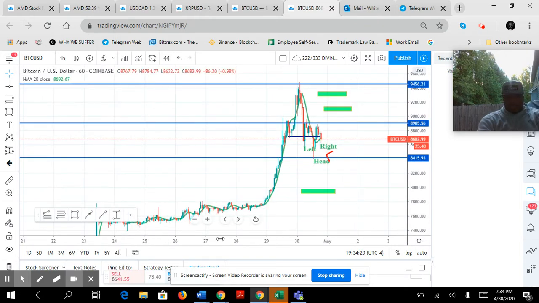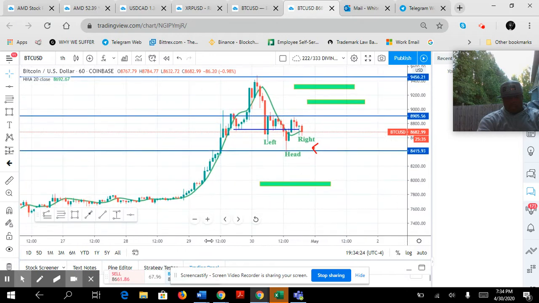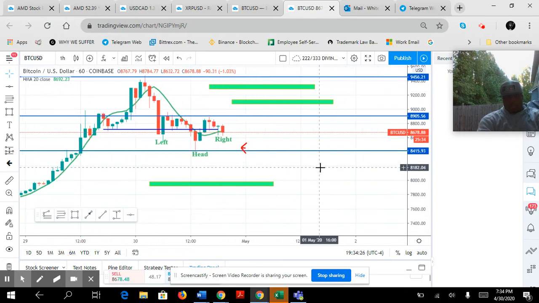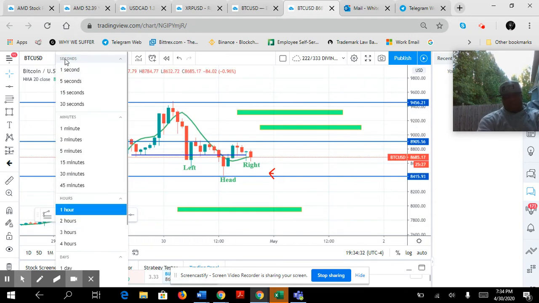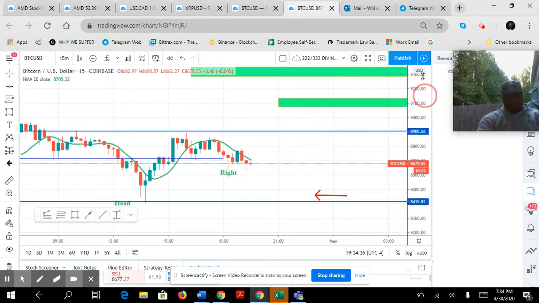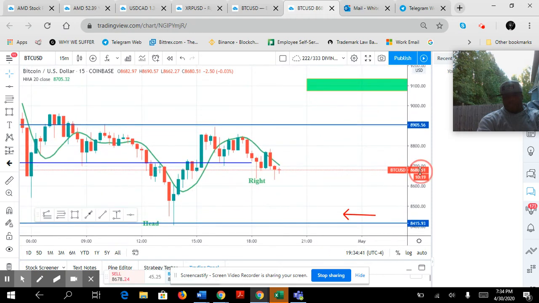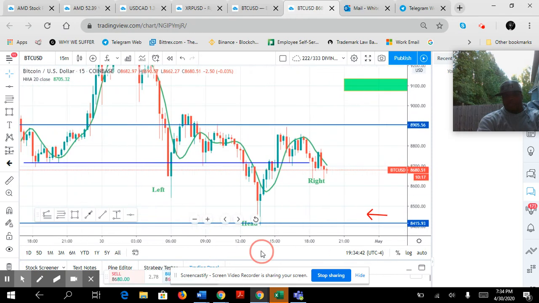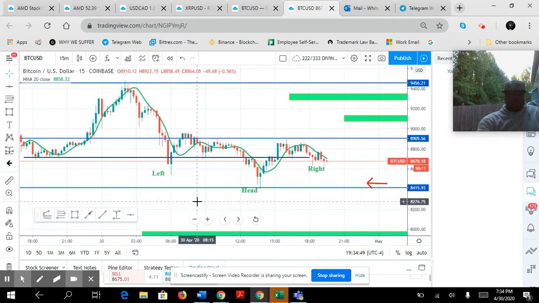If I stretch this out, it's like that. There's not much you can tell. Now you may tell the difference structure-wise, but just looking with the naked eye, it looks like a regular time frame.